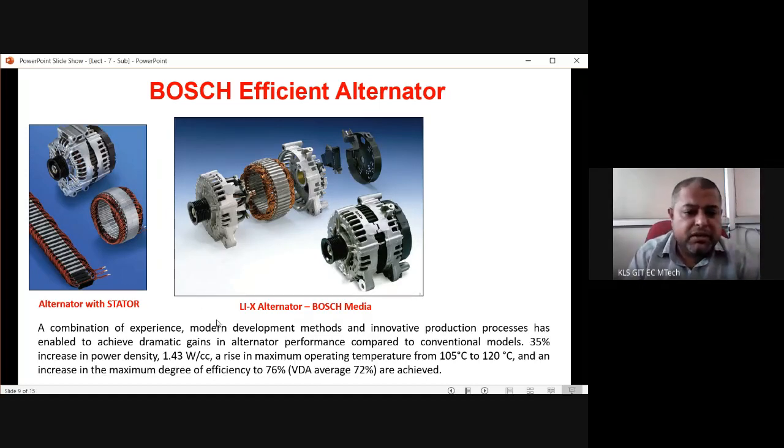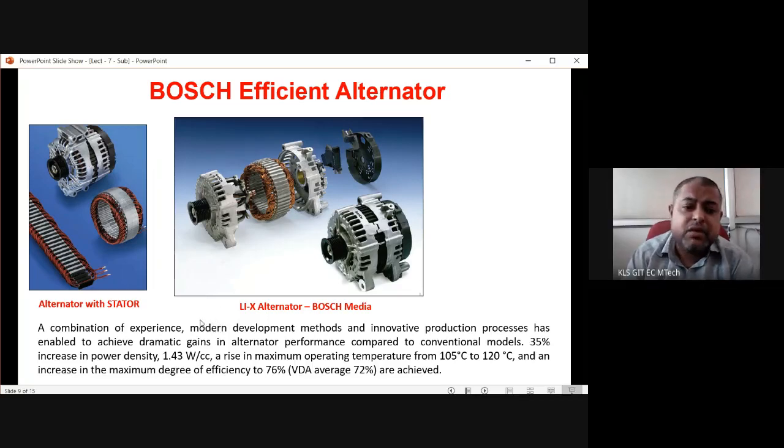A combination of experience, modern development methods and innovative production processes has achieved dramatic gains in alternator performance compared to conventional models. There is a 35% increase in power density, 1.43 watt per cc, where cc is the volume of the alternator.